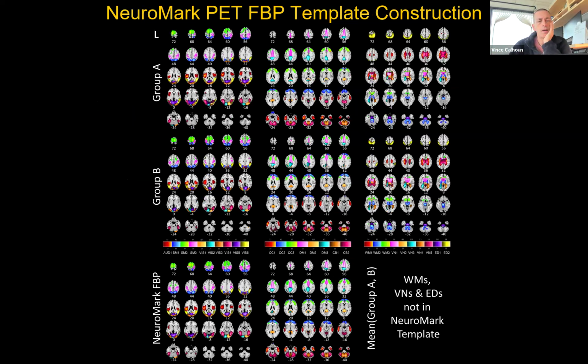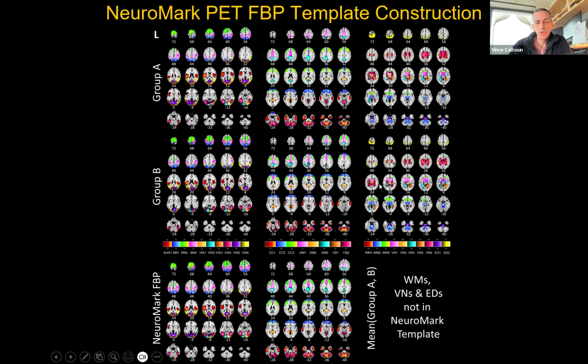So here there are 3 columns. The first 2 columns were just split into 2 because there were a lot of components. We have different components that fall within gray matter regions. And then this third column contains white matter and CSF components that were not included in the template.